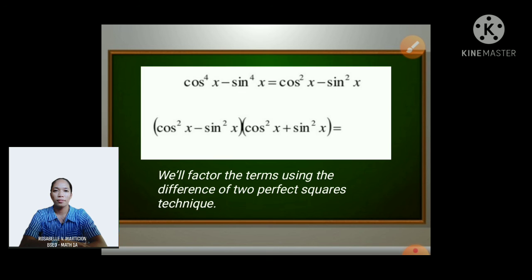We factor the term using the difference of two perfect squares: cos squared x minus sine squared x multiplied by cos squared x plus sine squared x.